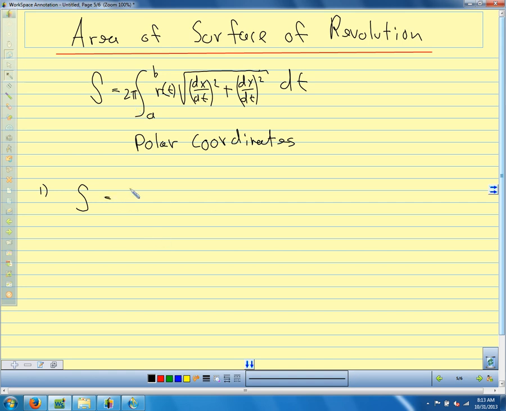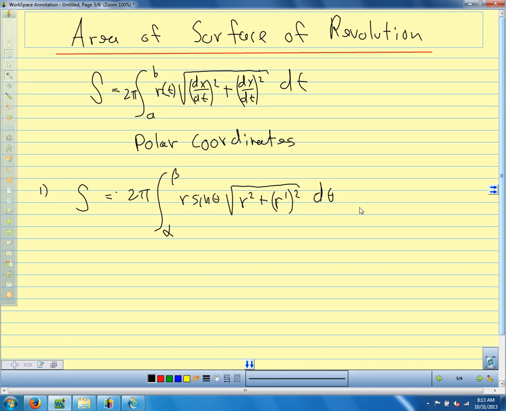So S is going to be 2 pi times the integral from alpha to beta of, and I'm going to say R, but we know that R is a function of theta, R sine theta times the square root of R squared plus r prime squared, d theta.